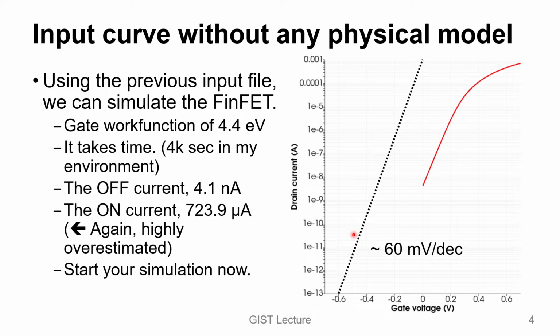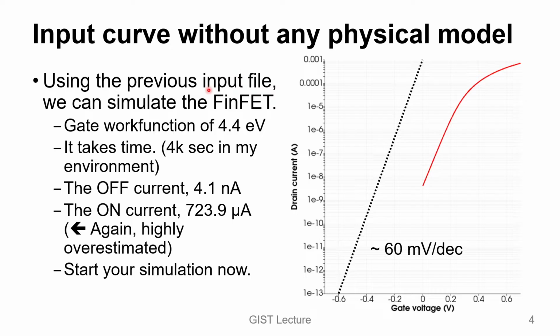This is the input curve without any physical model. Of course, drain voltage equals VDD, 0.7 volt. So using the previous input file with a slight modification for fixing the typo, matrix solve, we must use matrix solver, and now we can simulate the FinFET.